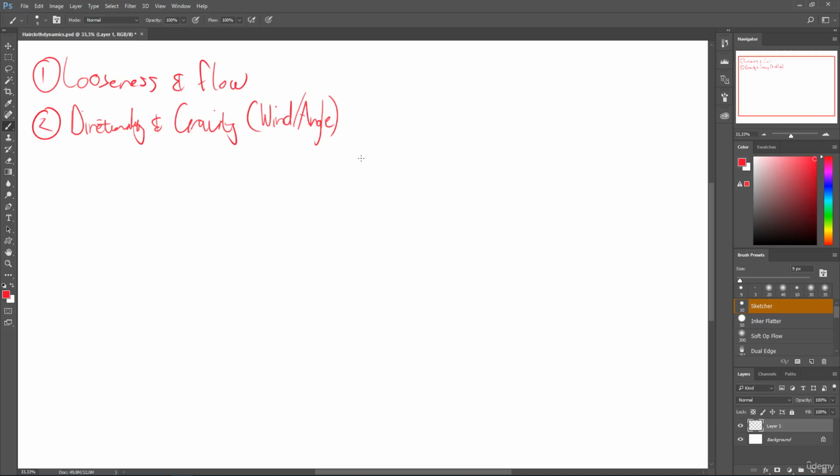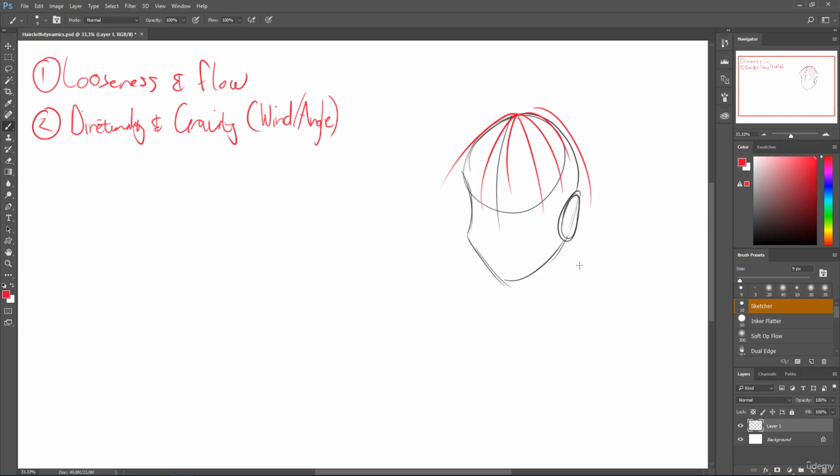Now, we want to move on to a concept called hair volume, and this is a very quick shortcut, but it's such a useful thing to know. When we have a head, a lot of the time, especially if you're beginning at art or you're quite new to art still, we tend to want to draw hair directly on the scalp here. And we want to start going like, okay, there's some hair coming out here and it's doing all these things.